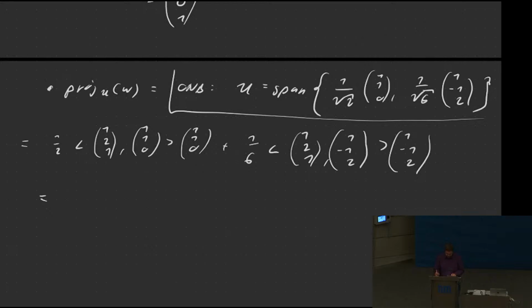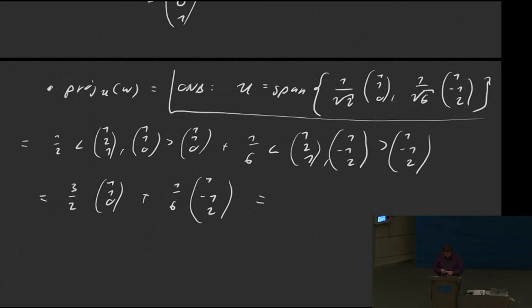And what do we get here? Let's see, that's 1 plus 2, that's 3 over 2, times (1, 1, 0). Plus, and here we have 1 minus 2 is minus 1, plus 2 is 1 again. So that's 1 over 6 times (1, -1, 2). And that means, what do we have here?